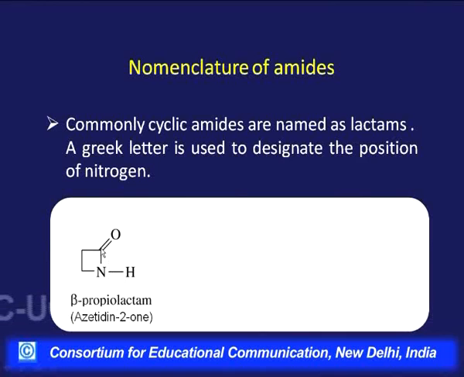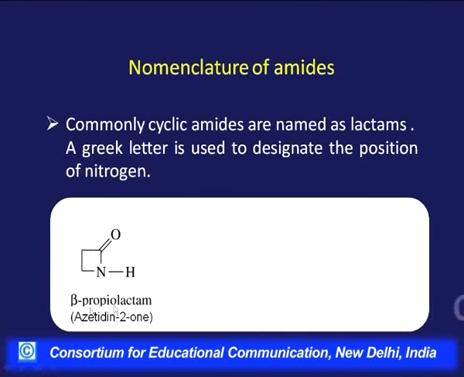Lactam indicates it is a cyclic amide, beta indicates the position of the NH2 group where the link has formed. So, it is alpha, it is beta position, right, and propio indicates the name of the starting acid, that it was a 3 carbon acid.